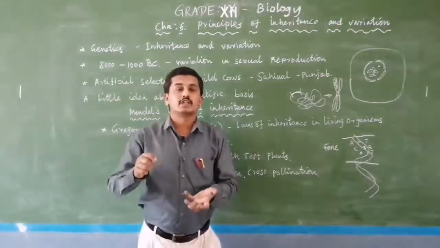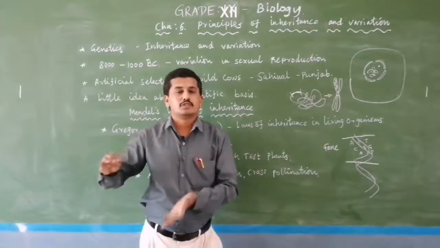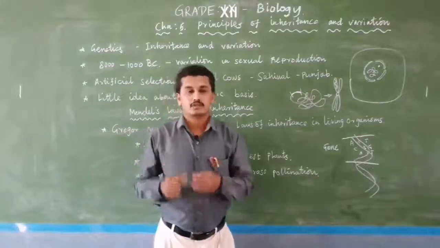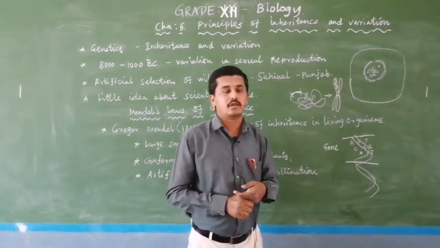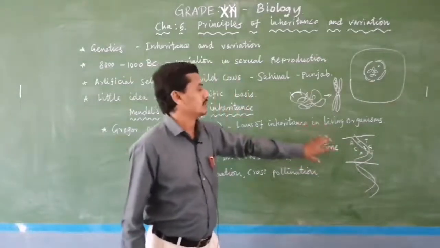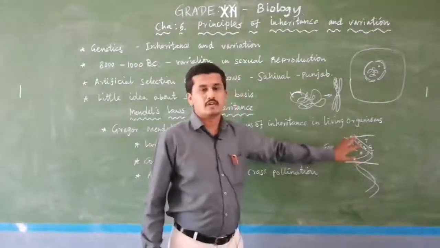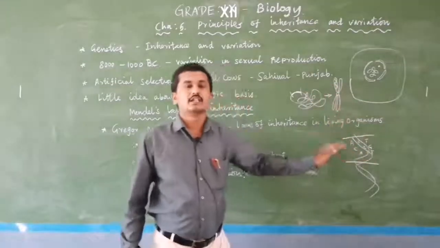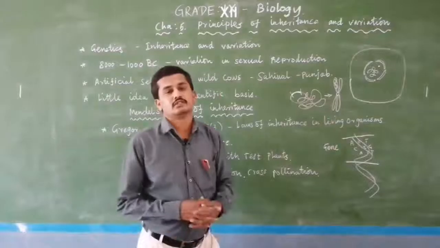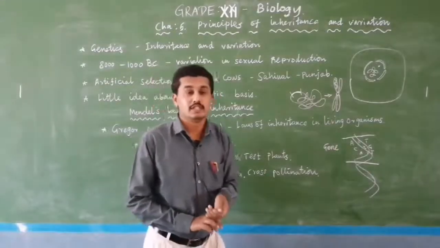The tallness character is passed from one generation to the next through genes, the segment of DNA. Gene is the segment of DNA which controls the characters and inherits the character from one generation to the next generation.